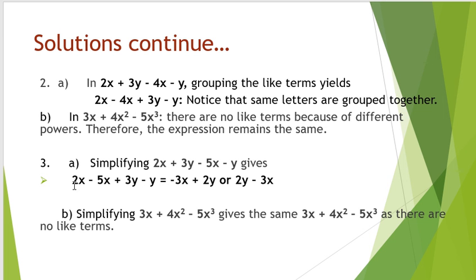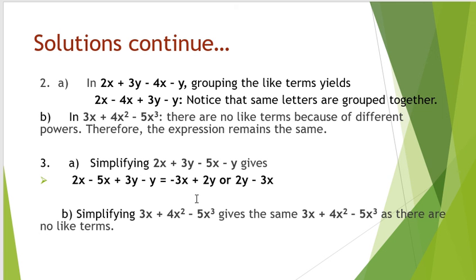When we work out this part, 2 minus 5 gives us negative 3, and then we just put the x there. And also here we have positive 3 minus 1, which gives positive 2, and we put the y there. So what we have is negative 3x plus 2y for the answer.